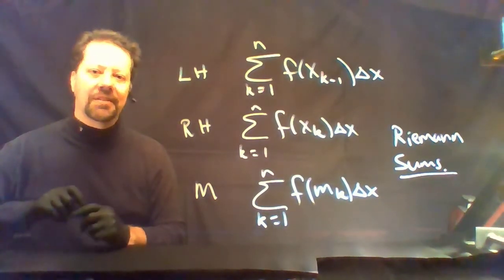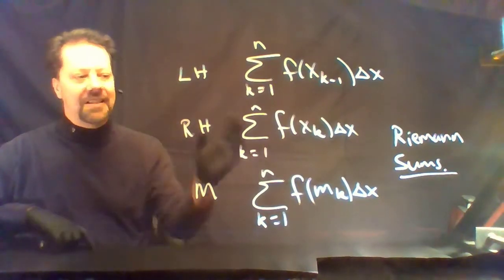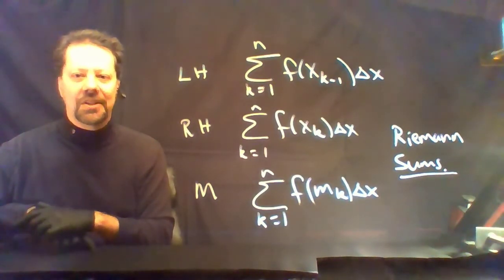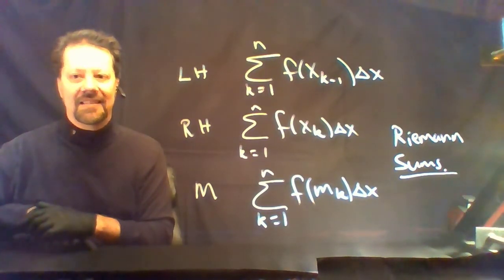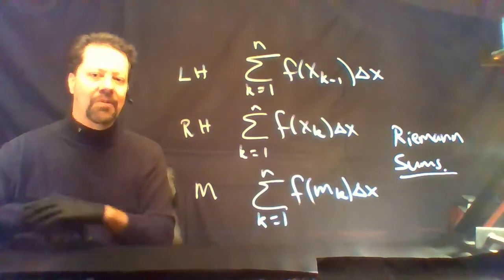Riemann was a student of Gauss. He obviously invented this notation for estimating areas of undergraphs, as well as many other things. He's famous for the so-called Riemann hypothesis.